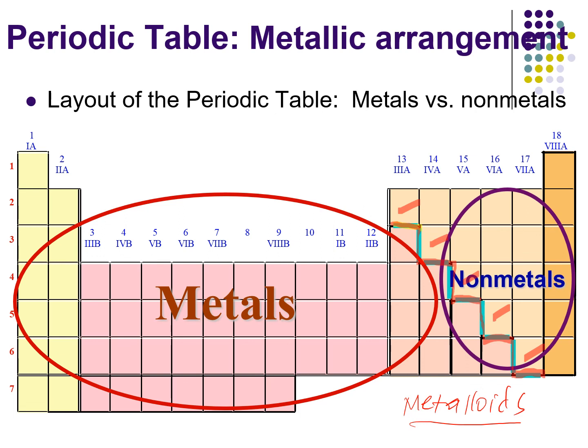Now, lahat po ng elements na nasa left nung staircase natin, all of them are metals. Except dito. Kasi hindi po yan metal. So, this is gas. Yung ating hydrogen. On the other way around, lahat naman po ng elements na nasa right nung hagdan, they are considered as non-metals.